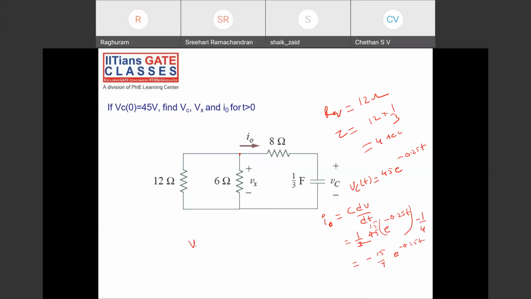So Vx is equal to Vc plus 8 I naught, the voltage drop across this.